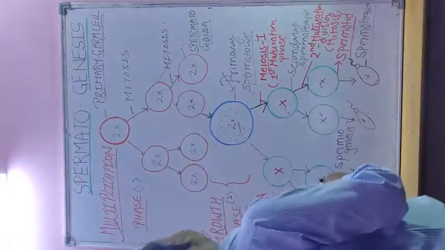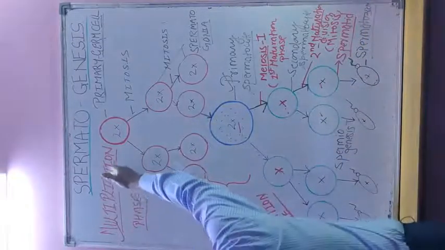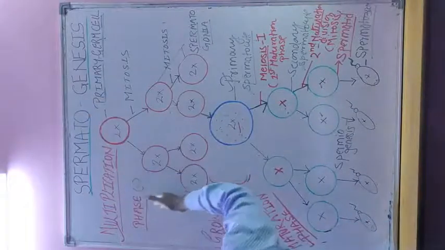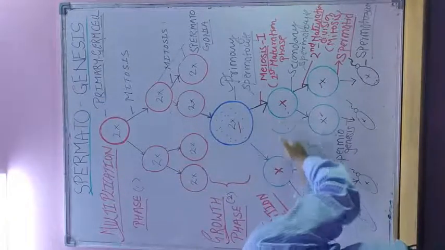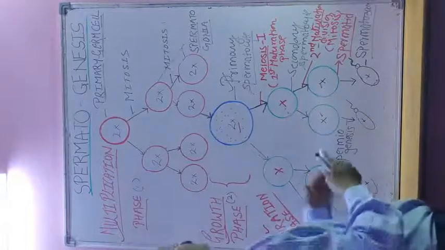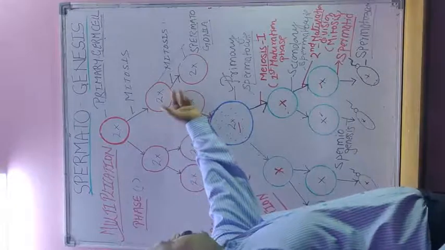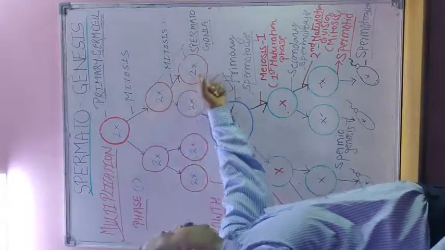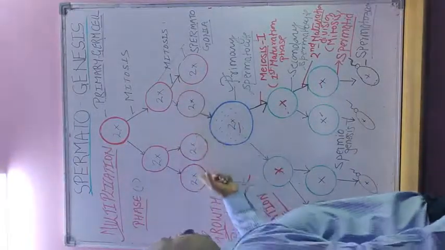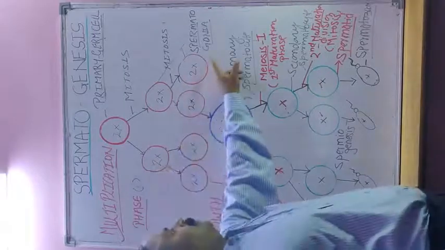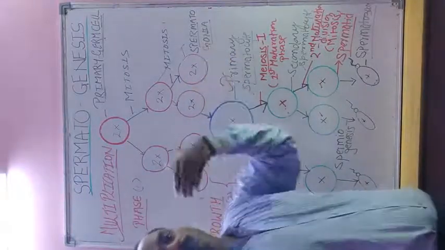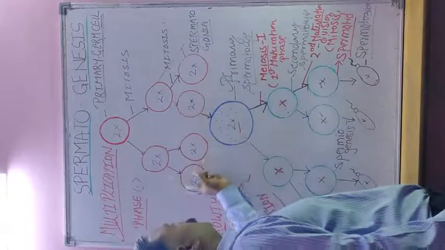So these are the 3 main phases of spermatogenesis: multiplication phase, growth phase, and maturation phase. Student, let us recap. In the multiplication phase, the primary germ cell divides by 2 mitoses and produces 2 to the power 2, that is 4, daughter cells, and all these are called spermatogonium. In oogenesis this will be called oogonium.